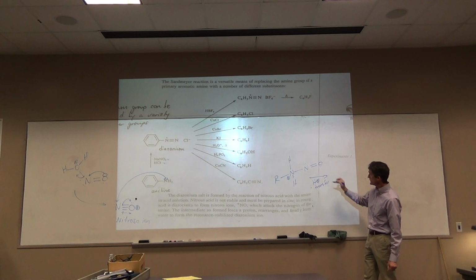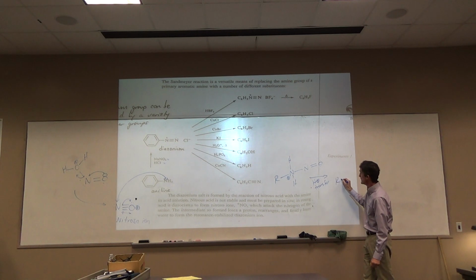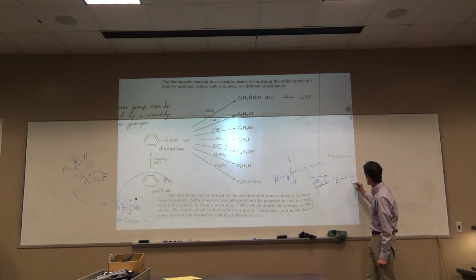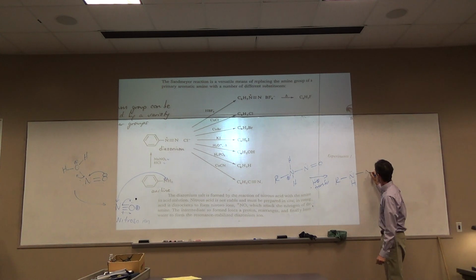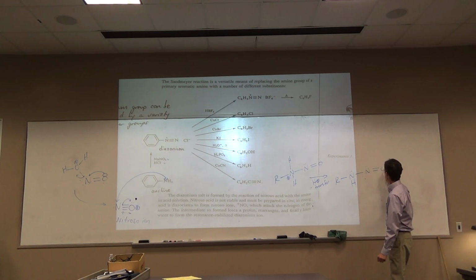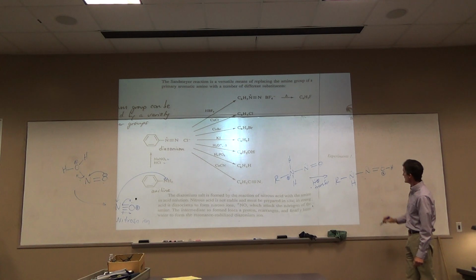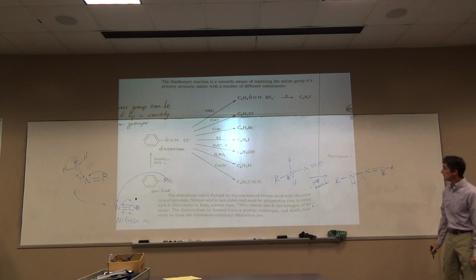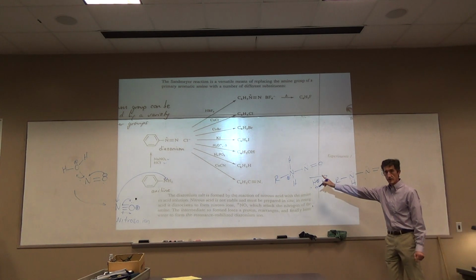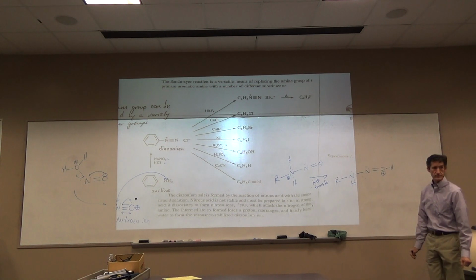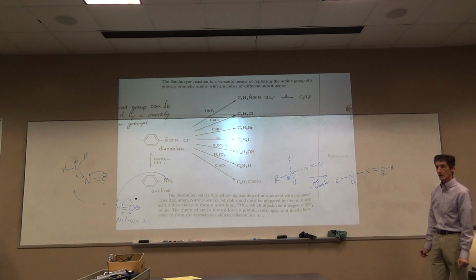If we do proton transfer to this oxygen, we just took the proton off of the nitrogen and put it on the oxygen. Proton transfer. We've done that before, right?